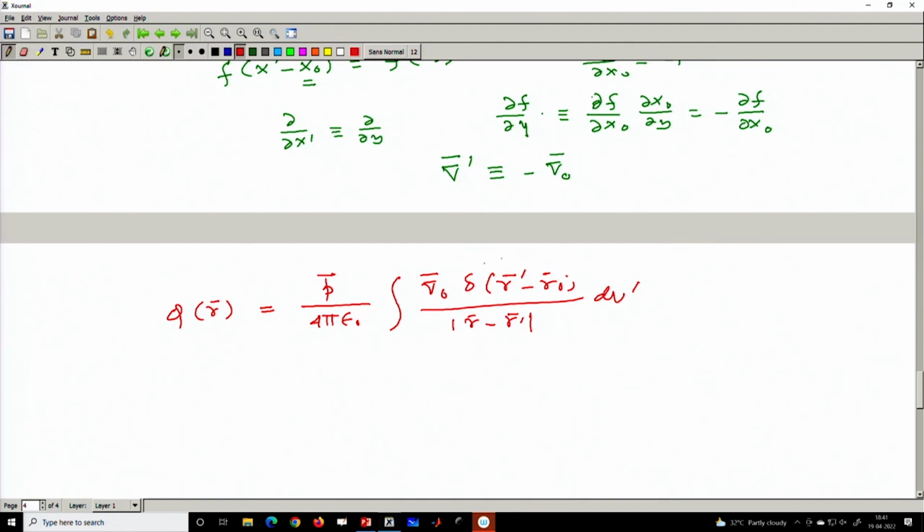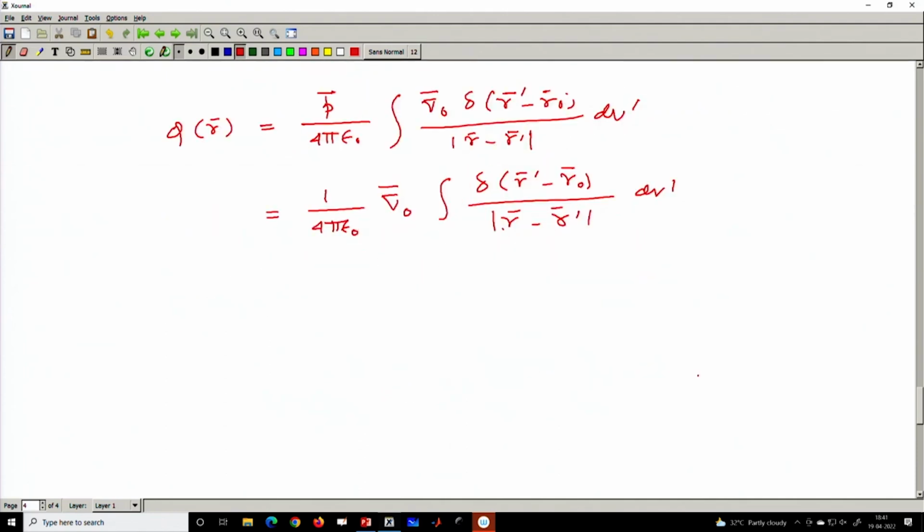Now this is over r 0 and the entire integration is over prime. So I can safely take this operator outside the integral like this, and then my integral should be simply delta function r prime minus r 0 divided by r minus r prime dv prime.